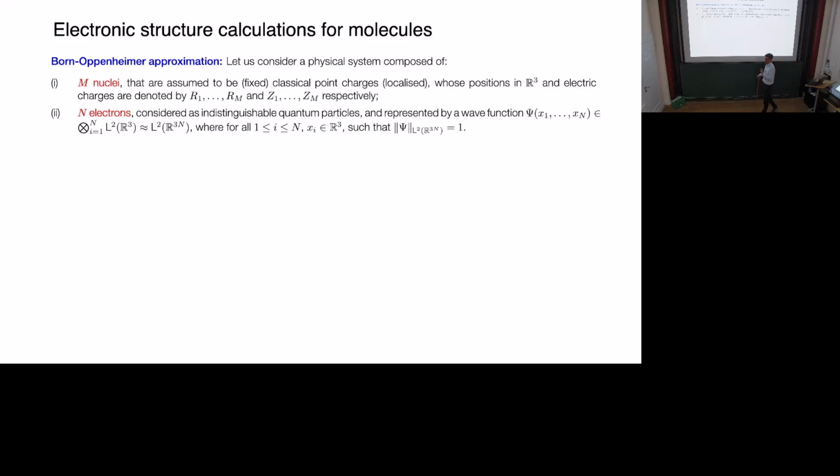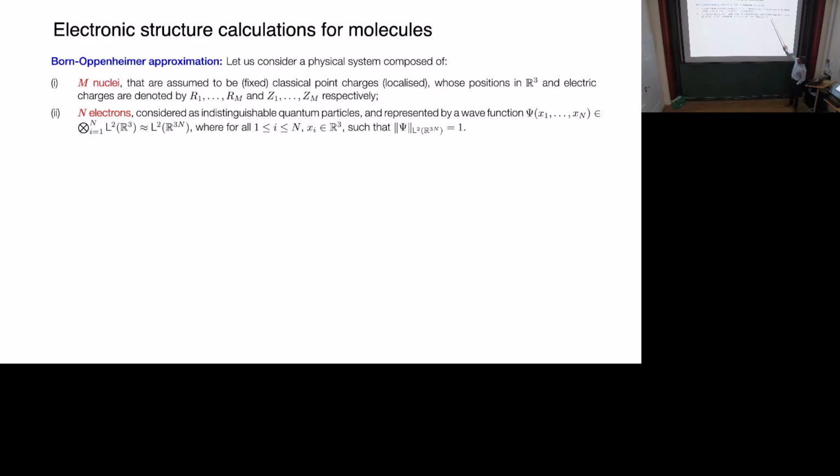For very heavy nuclei there are quantum effects, etc. No, sorry, I'm going towards Dirac. In the full picture, the nuclei, the protons, are also quantum particles. But since they're very heavy, you can assume them to be classical. The electrons, you still consider to be quantum particles.